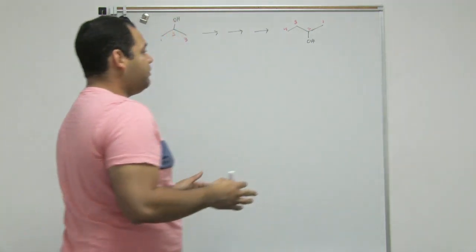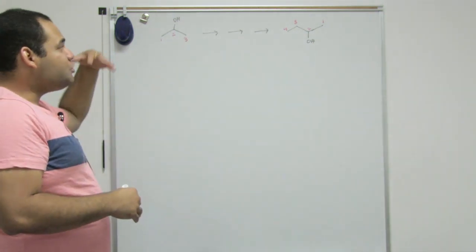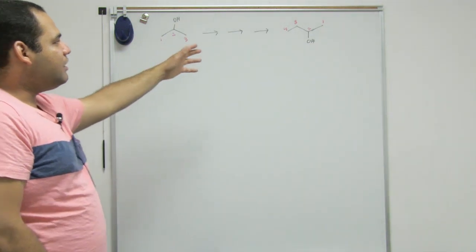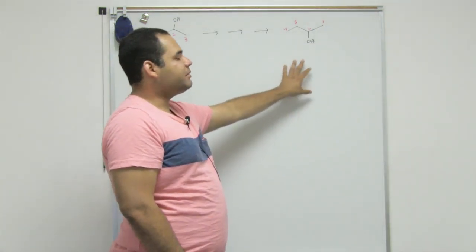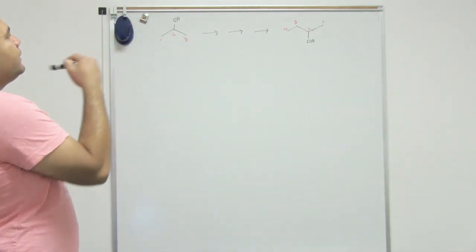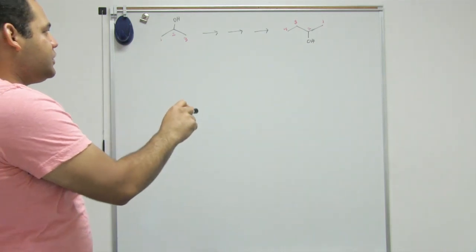I want to show one of the ways, so if you want, you can pause the video and do it by yourself and then check how I think through the process. First of all, we do the retrosynthetic analysis for this particular molecule, and then I will do the forward reaction.